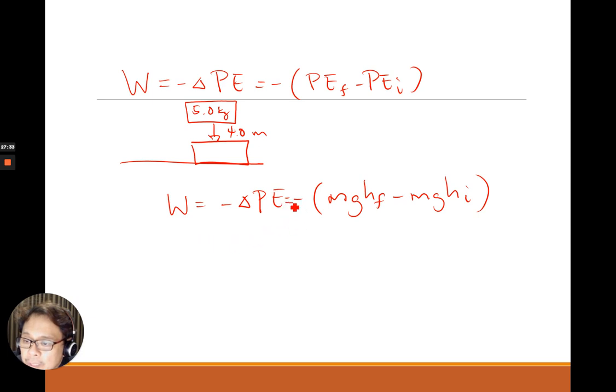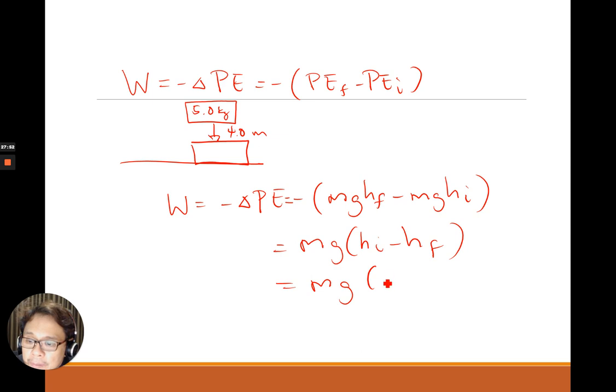Sorry, there should be an equal sign here. Okay, so pagka distribute, you are going to get mg, okay? So hi minus hf. So mg, okay, h initial is 4.0, tapos h final nilagay mo sa lapag kaya naging 0.